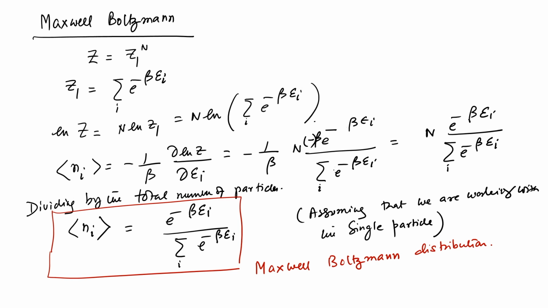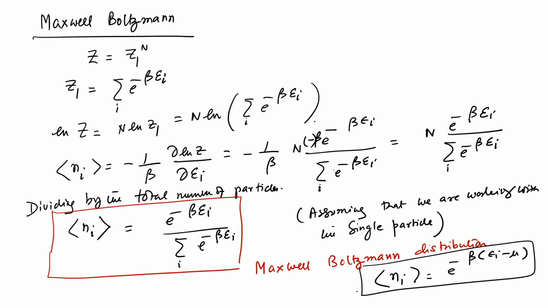So, it is simply exponential minus beta epsilon I, or you can also write it as Ni equal to exponential minus beta epsilon I minus mu. So, now we have put it by hand. We would use this as a distribution, assuming the particle number to be not constant, or rather the total particle number to be constant. So, that mu enters into the problem. So, it is exponential minus beta epsilon I minus mu.